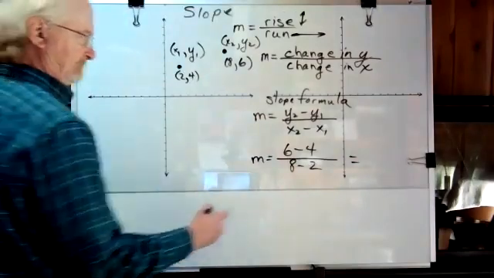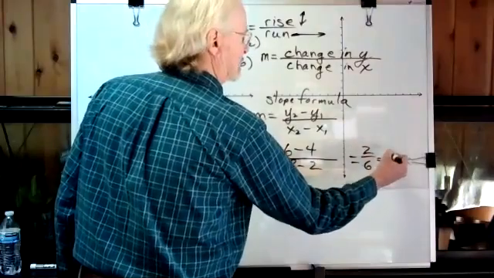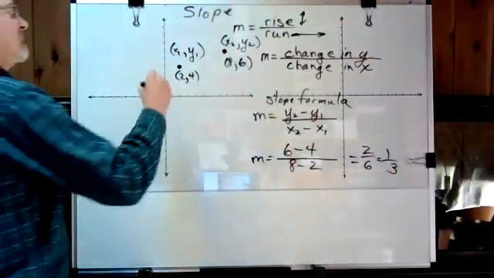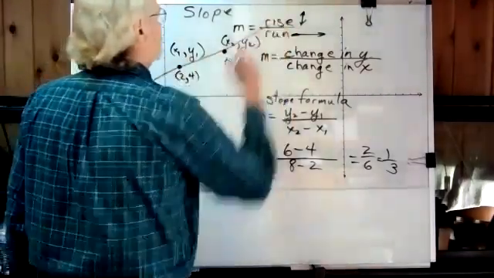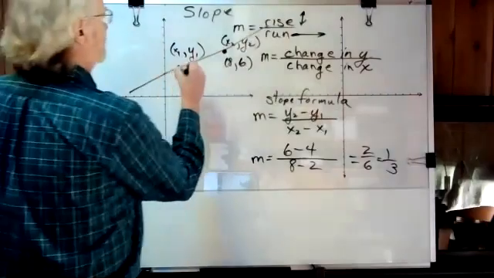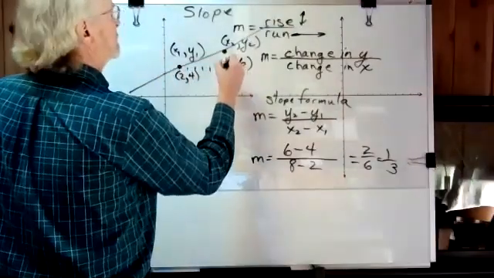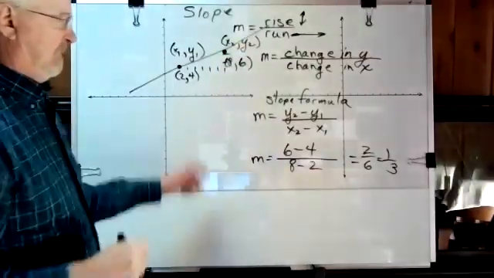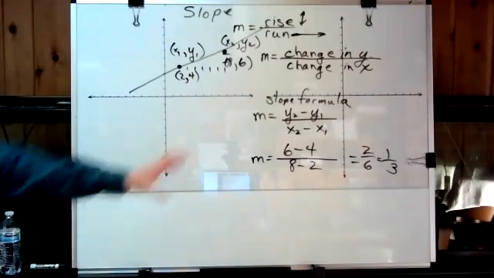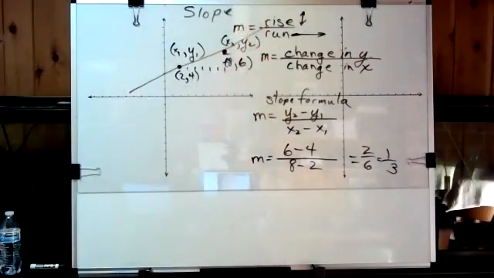Simplify, right? 2 over 6, call it 1/3. The slope of the line that would go through those 2 points is a slope of 1/3. Let's see, 1, 2, 3, 4, 5, 6, 1, 2, right? Over 6, up 2, if I just counted squares. But I can calculate it from 2 known points.